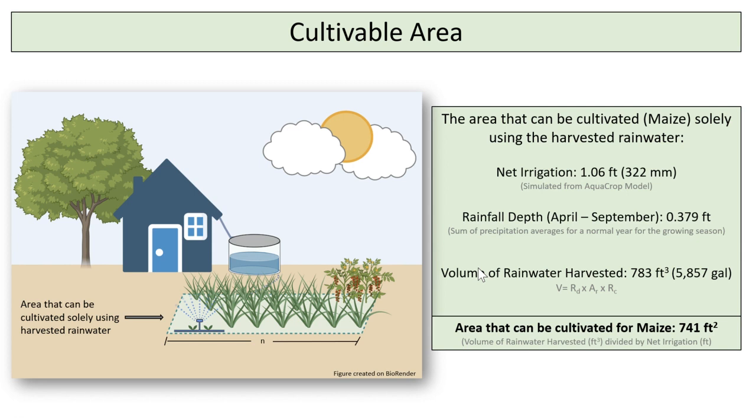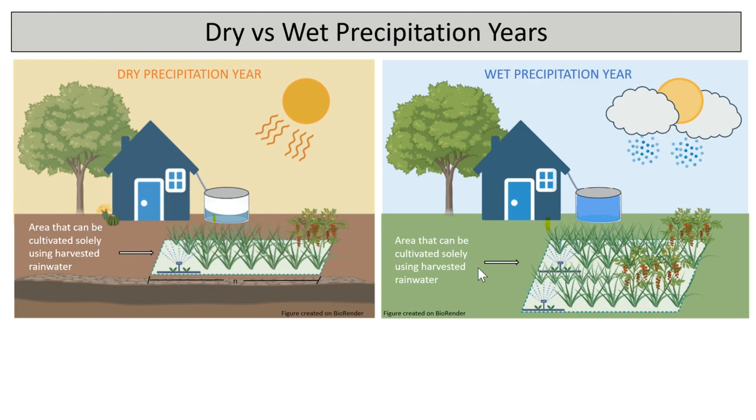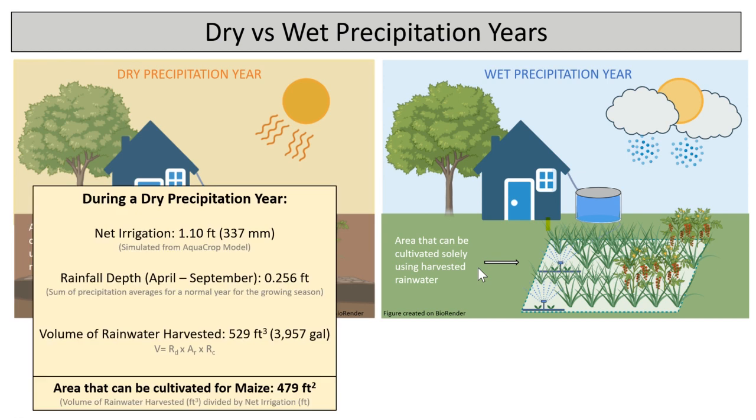So how much would we get if we had a dry year? During a dry precipitation year, we should expect less rainfall and probably warmer temperatures, which would, of course, simulate a higher net irrigation, meaning that more water is required by the crops to stay healthy. AquaCrop simulated that to be 1.1 feet or 337 millimeters.